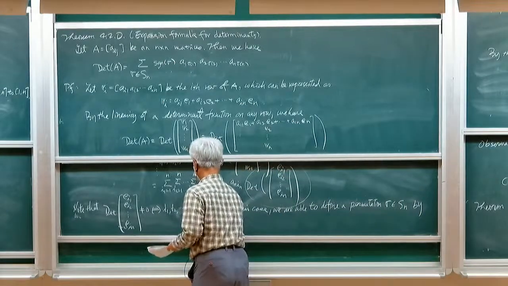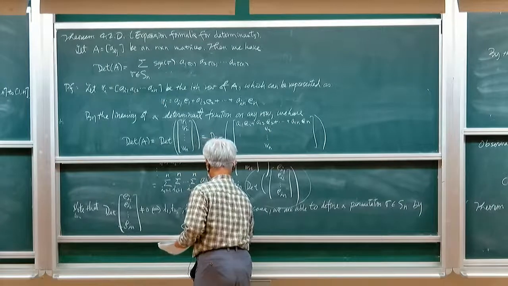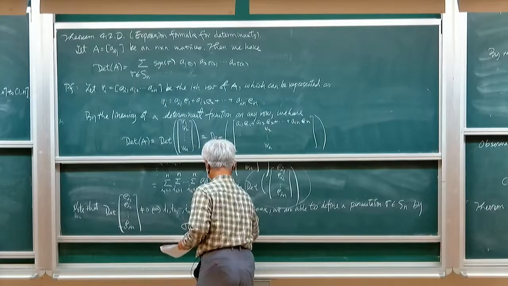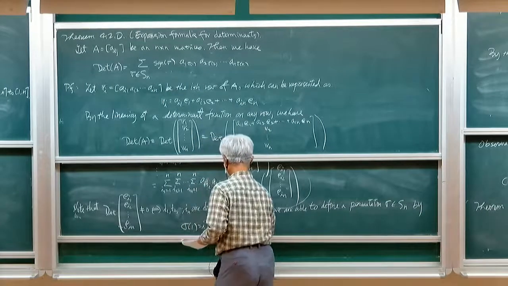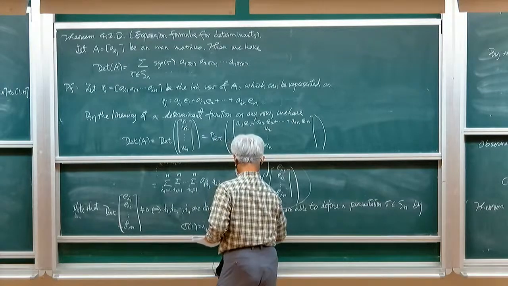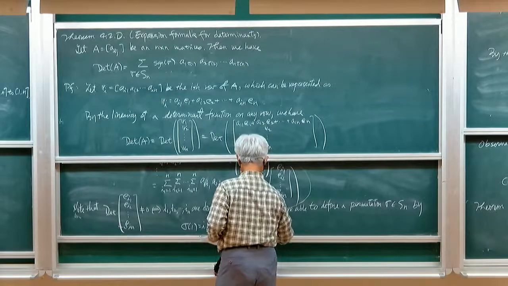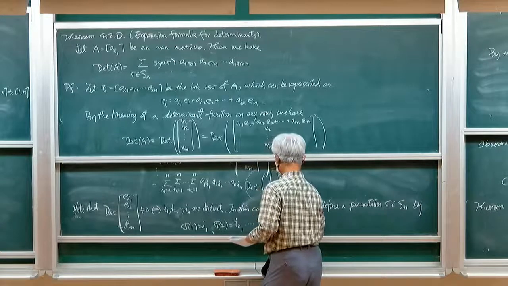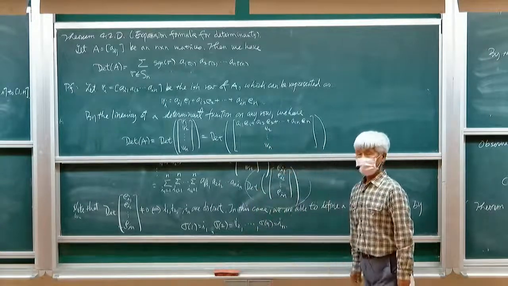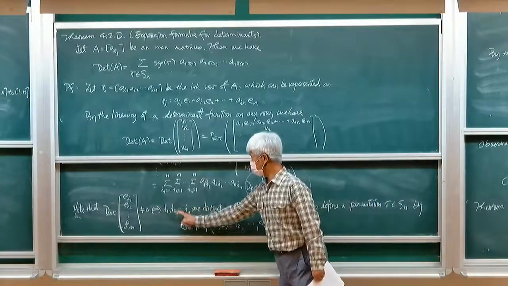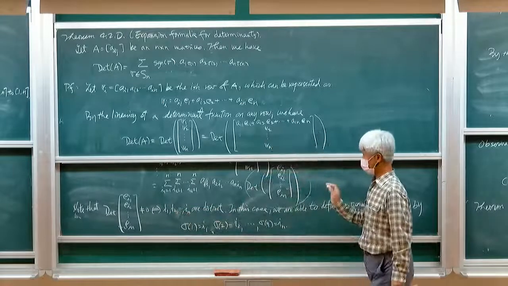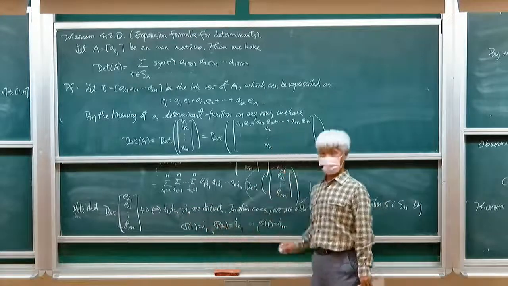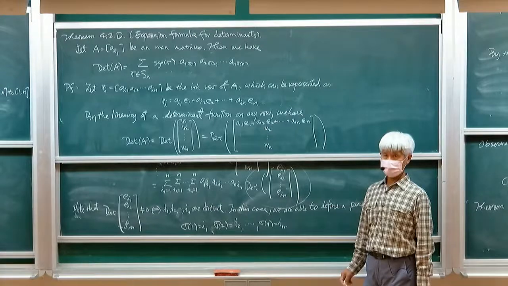Sigma 1 is equal to i1, sigma 2 is i2, etc., up to sigma n is equal to i sub n. So if i1, i2 up to in are distinct, then you can define a permutation like this one.